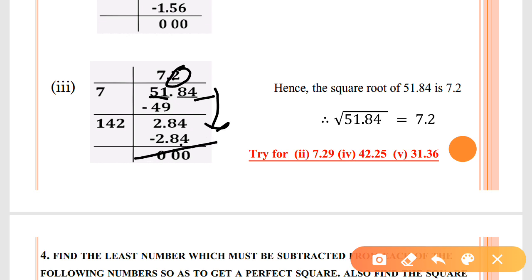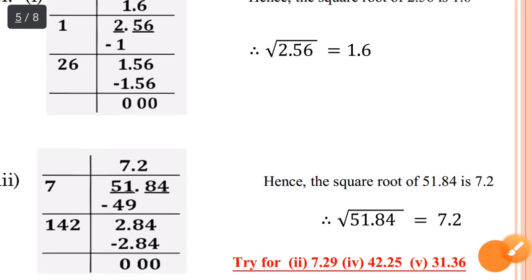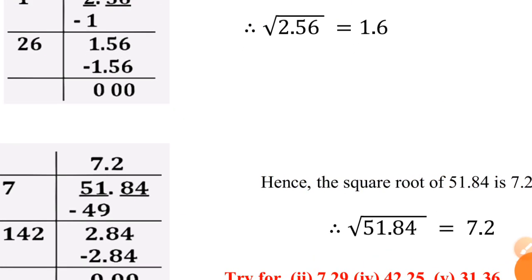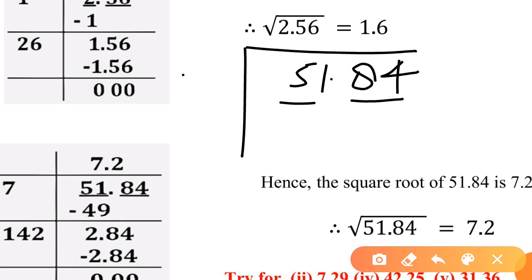Another method, if you are getting confused here, is to write it as 51.84. We pair these elements and write 7 sevens are 49.